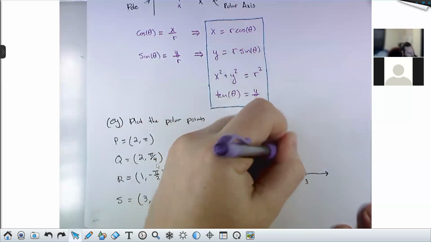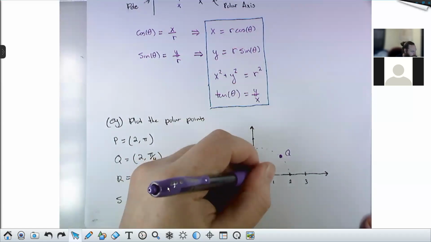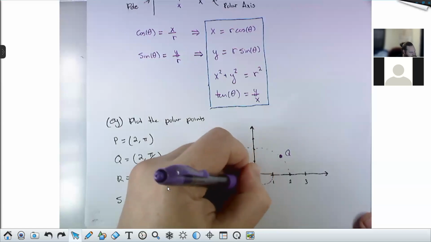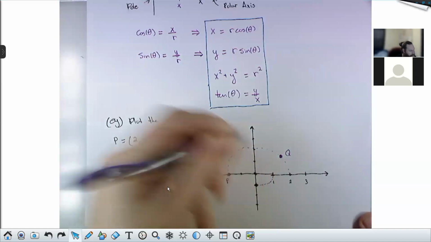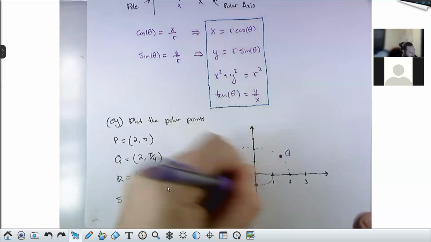So this is the point Q. If I want to plot the point (1, negative pi over 2), I walk out 1 along my polar axis, and then I rotate pi over 2 in the negative direction. So this would be the point R.